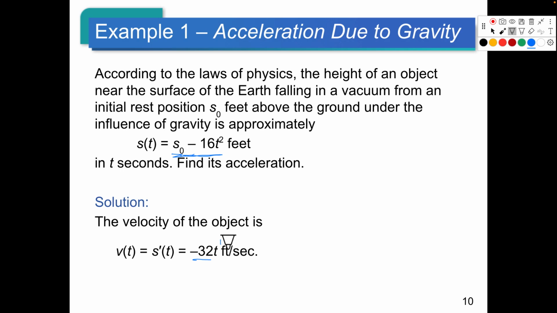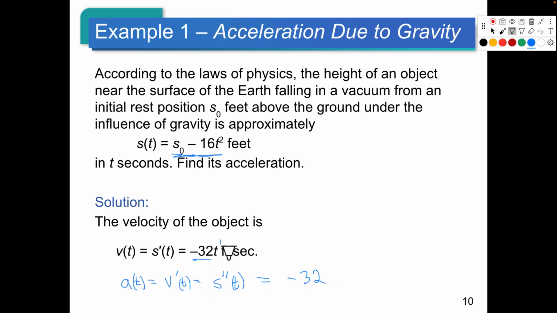What would be our acceleration function? It would be the derivative of the velocity function, which would also be the second derivative of the position function, and the derivative of negative 32t is going to be negative 32.